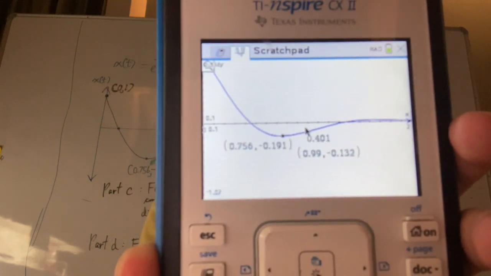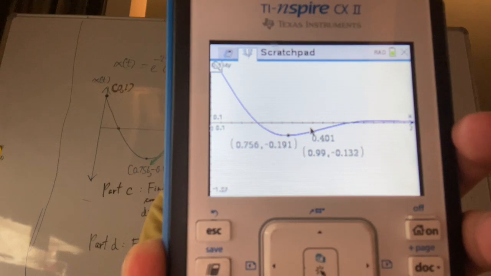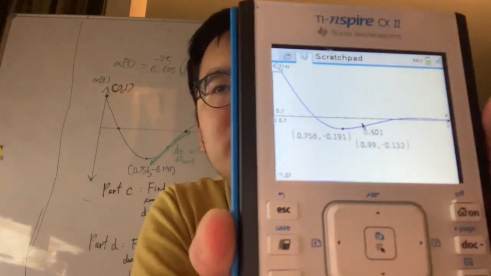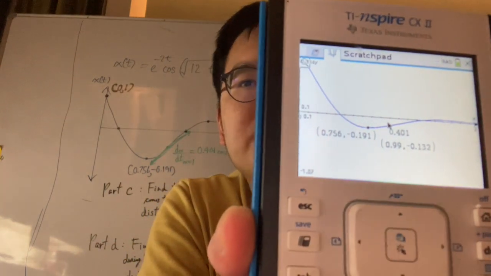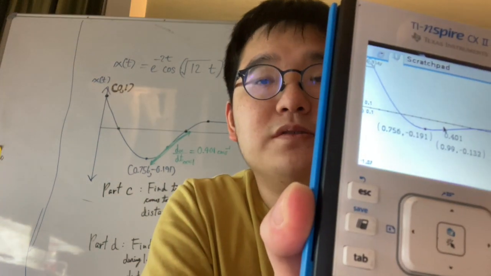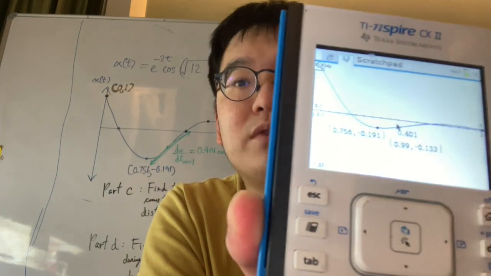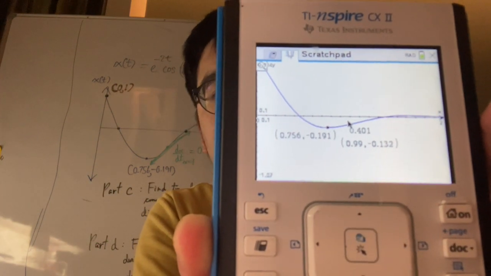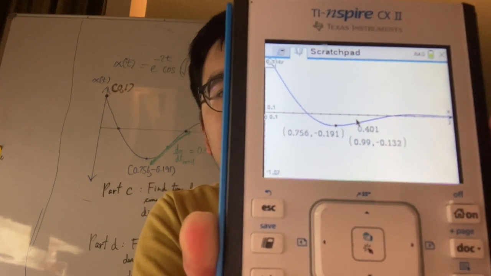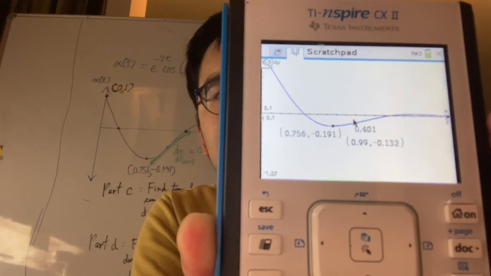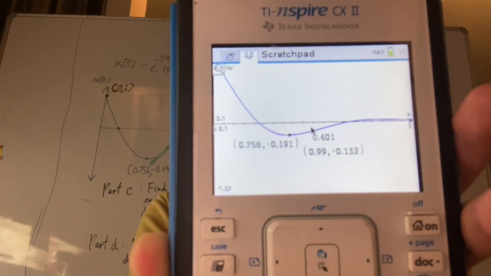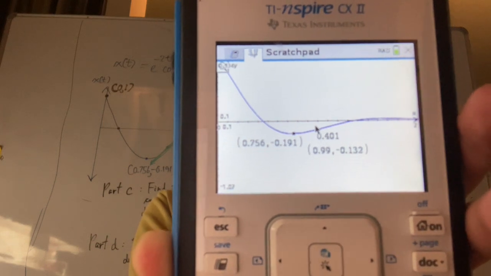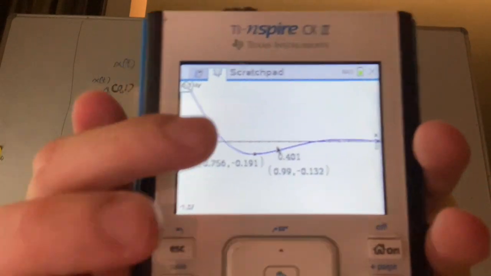So here, this is what your function x of t equals e to the minus 2t cosine of the square root of 12 times t should look like. And remember, as I said, the t should not be underneath a square root. It's only the coefficient, square root of 12, that is being weighted that way. So when you look at the function, it looks like this, and I found the minimum over here.